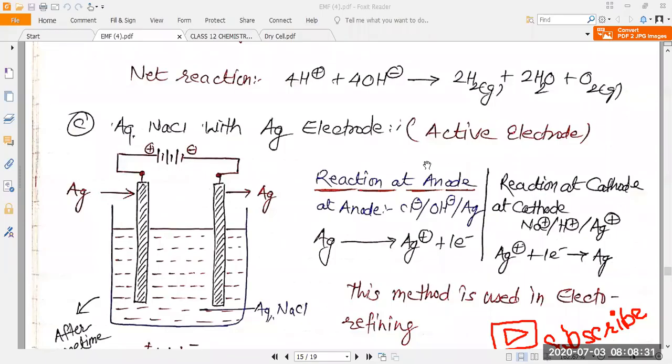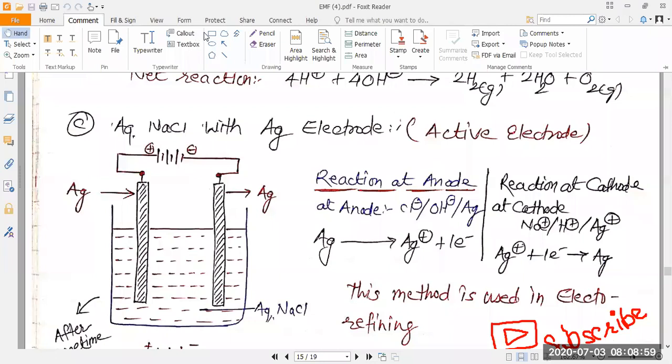So our today's topic is: when active electrolytes are taken in an electrolytic cell, what are the products of the electrolysis? An example of an active electrolyte is aqueous NaCl taken in this electrolytic cell, and the electrodes are taken of silver.